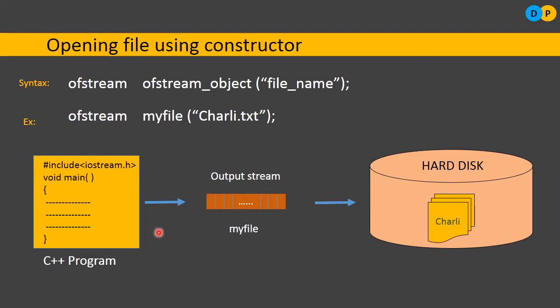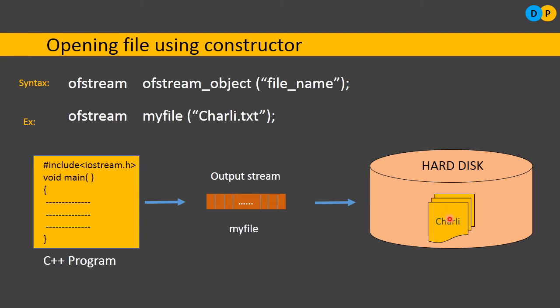So what happens within the program when I use this particular instruction? An output stream will be created, and this output stream will be referred to by the name myfile. In future, using the myfile object, that stream, I will have a relationship or contact with the file Charlie.